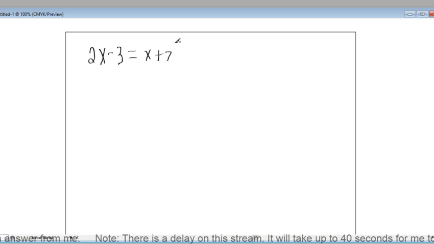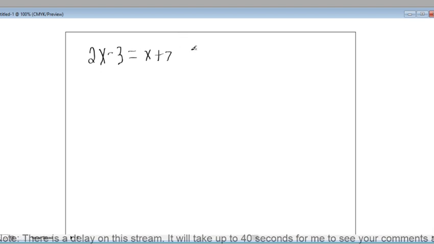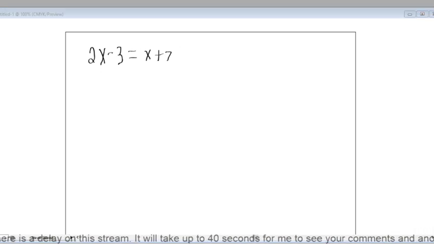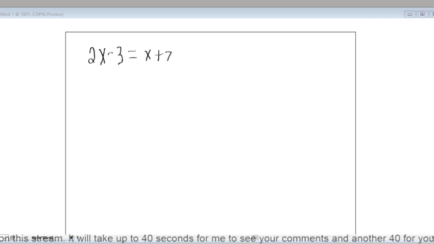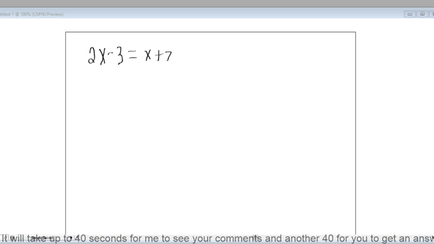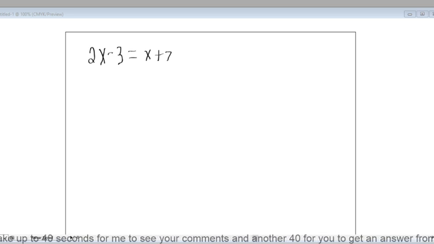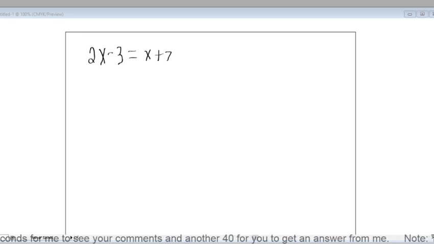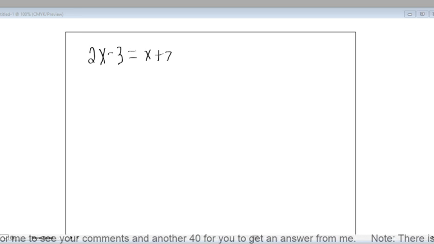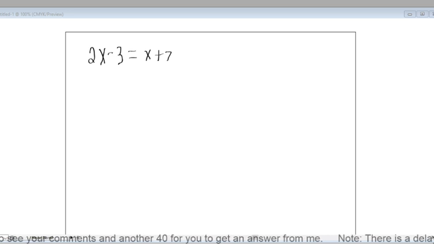Again, what we have here is two expressions, one of them 2x minus 3, and the other one x plus 7. The equal sign between them shows perfect balance. So when we go to tackle this and try to solve for x, we are going to get an answer that gives us an exact value for x.